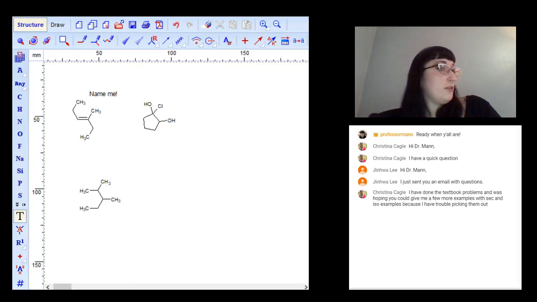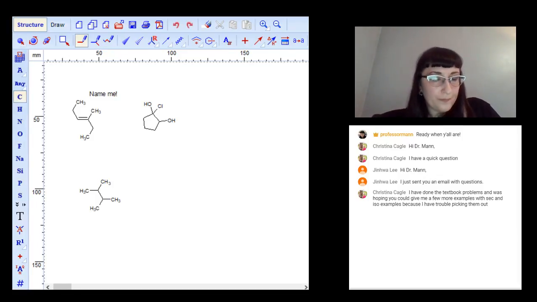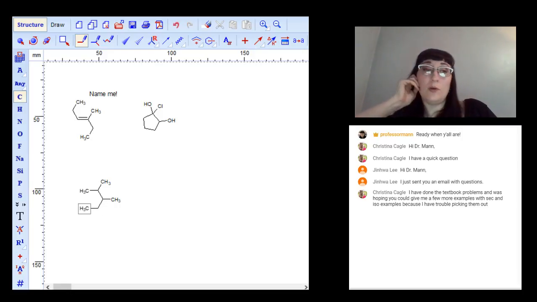There would be no ethyl anywhere on this, because if you draw the longest chain as the parent chain, the CH2, CH3 at the bottom would be part of the parent chain, so it would actually be 2,3-dimethylpentane. Hopefully that makes sense.